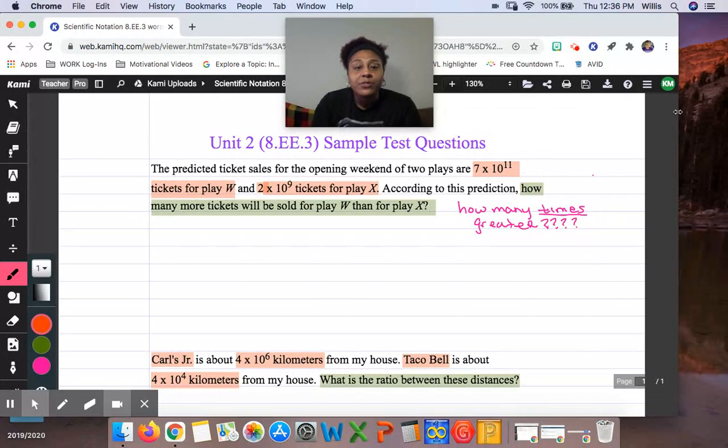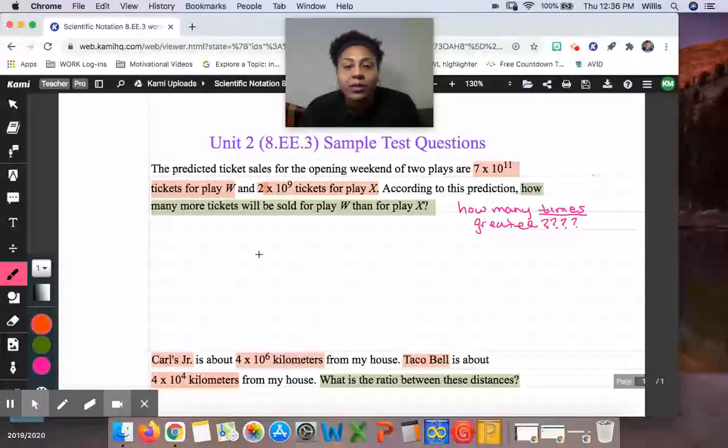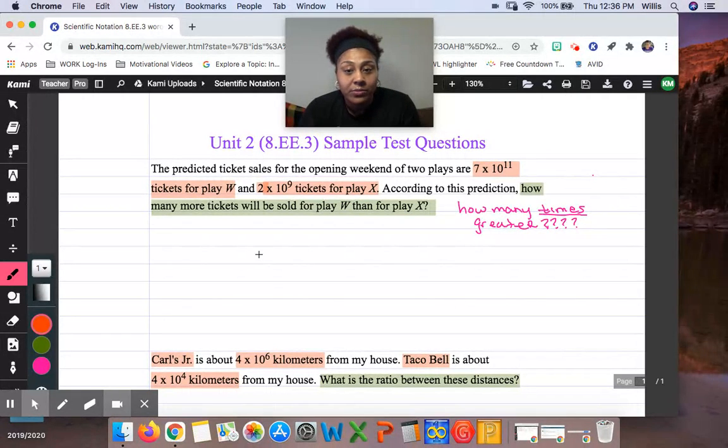Okay, for the first one, the predicted ticket sales for the opening weekend of 2 plays: 7 times 10 to the 11 tickets for play W, and 2 times 10 to the 9 tickets for play X. According to this prediction, how many more tickets will be sold for play W than for play X?